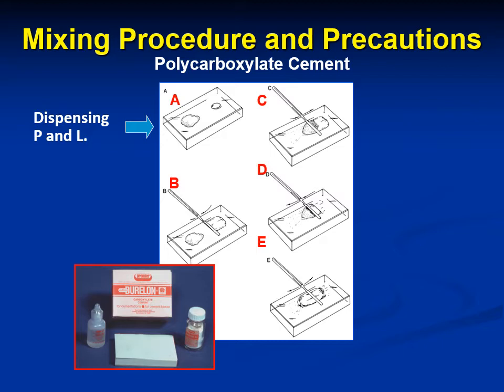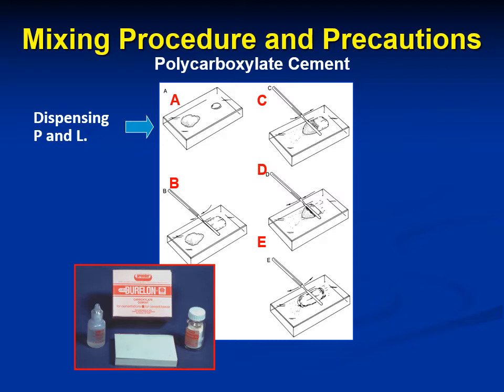And we have to bear in mind that with this type of cement the working time cannot be extended by division of the powder into small increments like the zinc phosphate cement, also to prevent the destruction of the gel matrix.